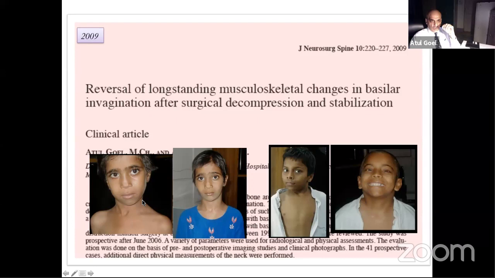You do atlantoaxial stabilization, the torticollis will return to normal, the neck will become long, and there is a potential for bones to unfuse. So atlantoaxial instability is the primary problem. Musculoskeletal abnormalities are secondary and protective. So torticollis is protective, short neck is protective. You do atlantoaxial fixation. In the evening of the operation, the neck can become straight and the neck can become long.